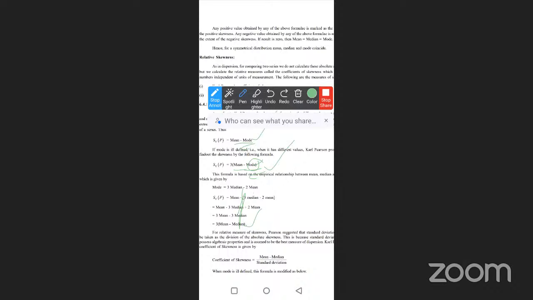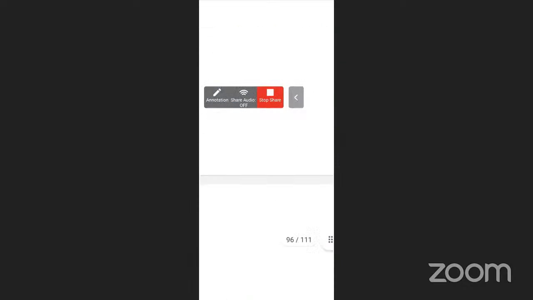Karl Pearson's coefficient of skewness is given by mean minus median by sigma. Here it is clearly written: mean minus median by standard deviation sigma, coefficient of skewness. When the mode is ill-defined, this formula is modified as below.